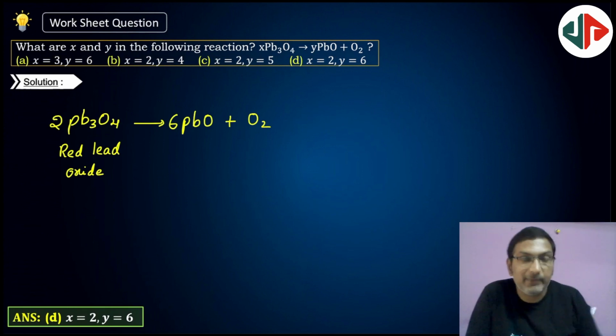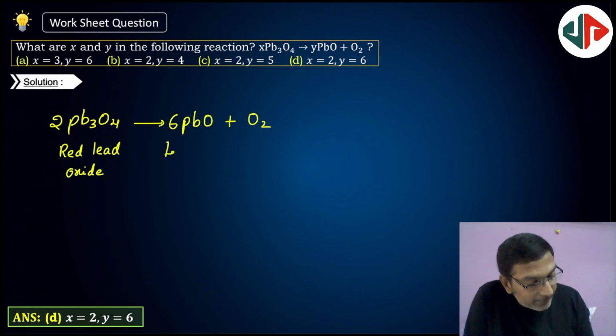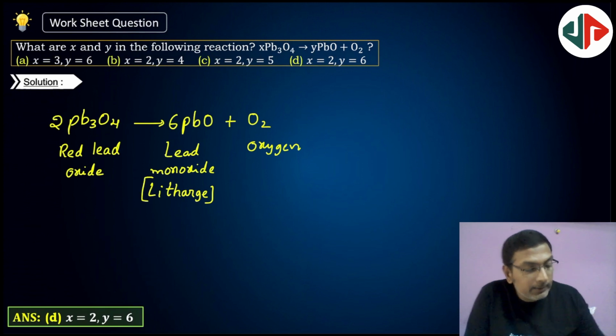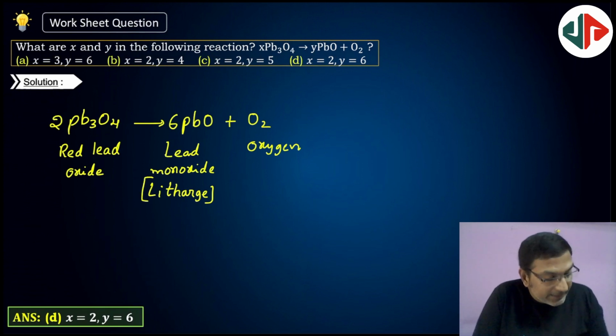So balance equation. Next, lead monoxide and oxygen gas, which is known as litharge. So check here.